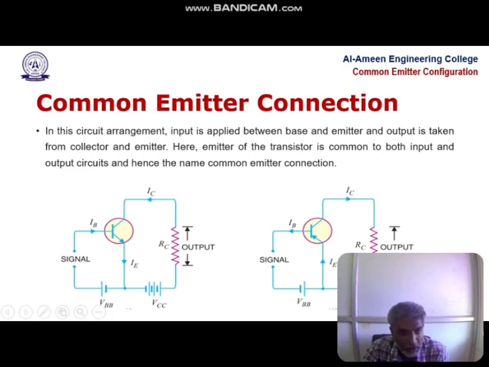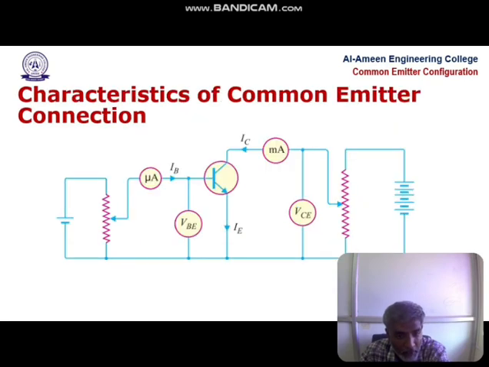In this circuit we are analyzing the input and output characteristics. Input is applied between the base and emitter, and output is taken across the collector and emitter. So the emitter is common to both the input and the output characteristics. Now let's see how the input and output characteristics of this common emitter configuration are derived.